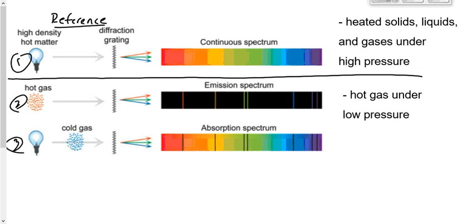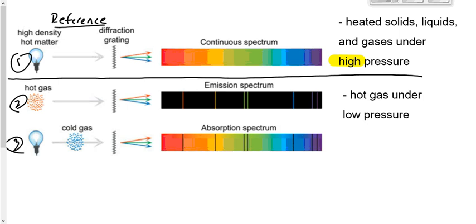In diagram number 1, you have a solid, like the filament of a light bulb that's hot, or a liquid that's hot, or a gas under a high pressure that's hot. You don't need to know the details of this, but it results in a phenomenon called black body radiation. It generates EMR of every frequency. It generates a rainbow of visible light and a rainbow of non-visible light as well.